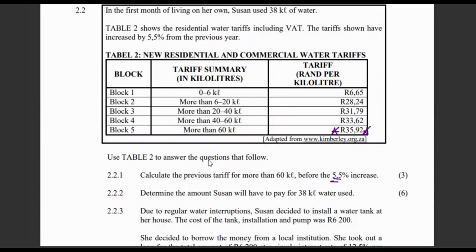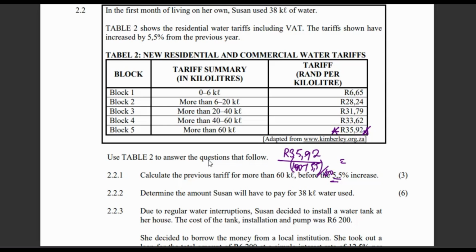So you want to know how much it was. We shall take the 35.92 divided by 100 plus 5.5 divided by 100. We divide by 100.